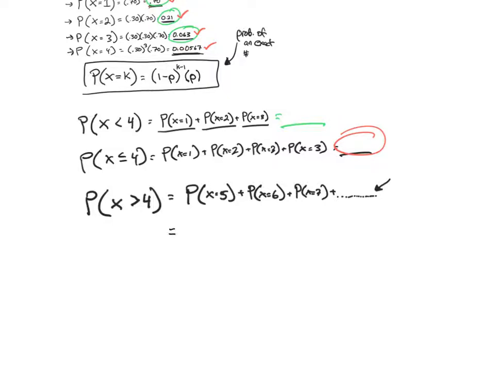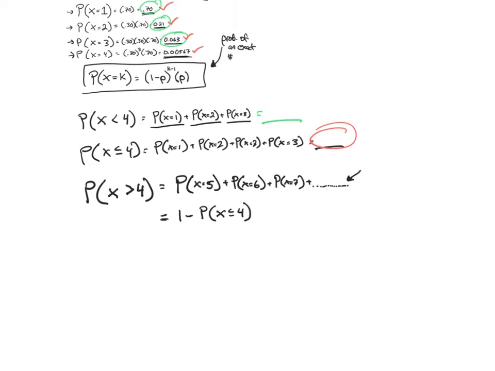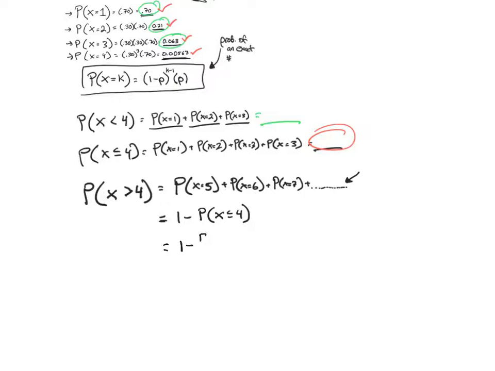What if I said that the probability that x is greater than 4 is 1 minus the probability that x is less than or equal to 4? Does that make sense? The complement of being less than or equal to 4 would give me the probability that it's greater than 4, right? Because that's what it's got to add up to. So let's try that. That's going to be 1 minus the probability that x is equal to 1, or x is equal to 2, or x is equal to 3, or x is equal to 4.